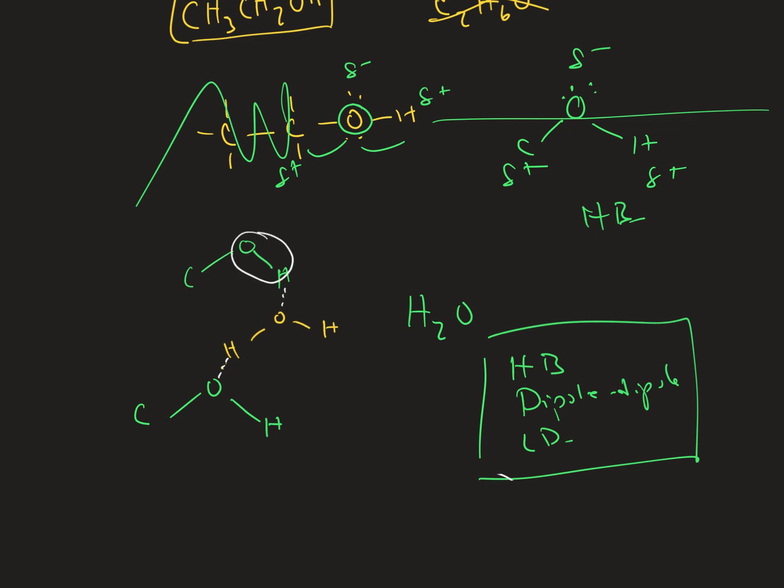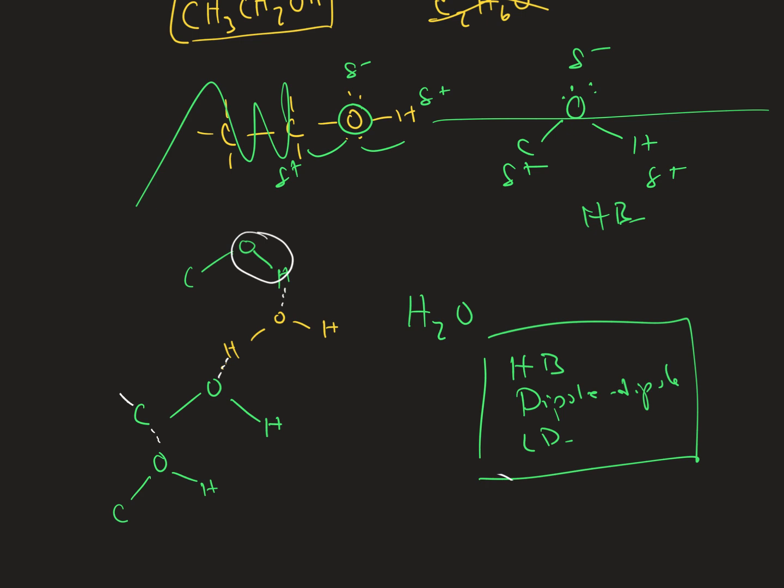Well, the H to the oxygen is that. And so there's hydrogen bonding there. And then let's do a different color here. You're gonna have a dipole-dipole interaction right there.